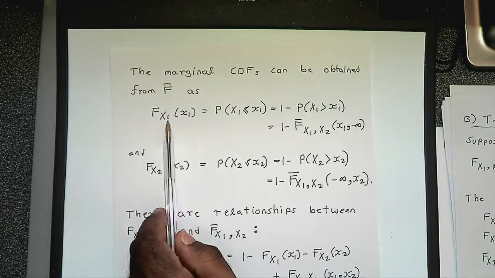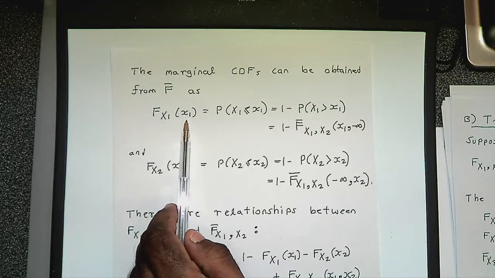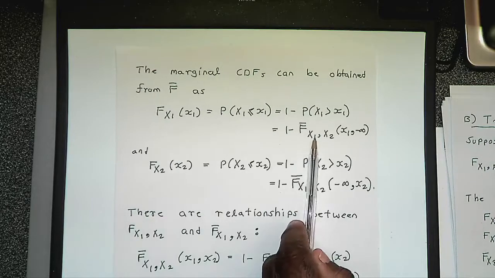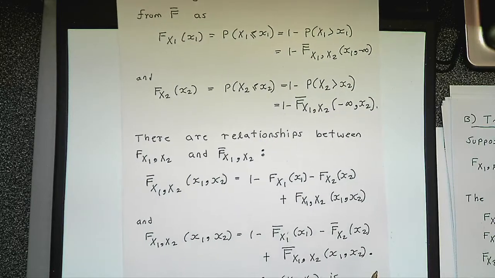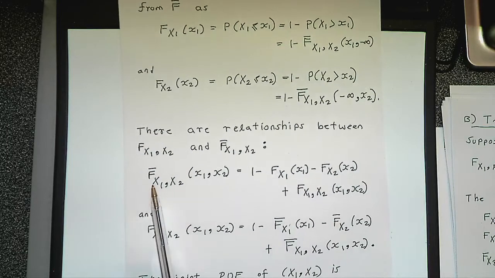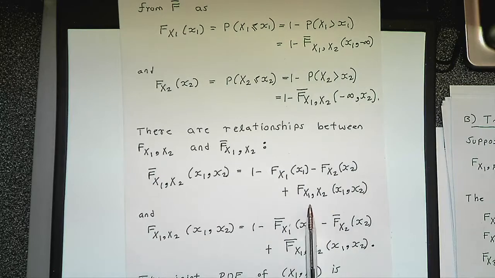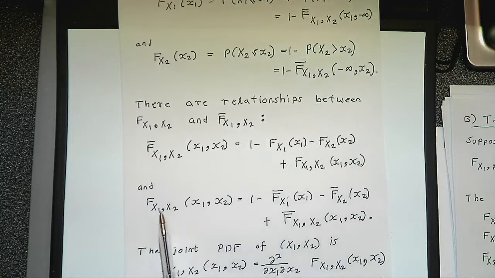The marginal CDFs can be obtained from the joint survival function through these relationships, right? And there is a relationship between the joint survival function and the joint CDFs, which is this one, and vice versa. There's a relationship expressing the joint CDF in terms of the joint survival function, which is this one.